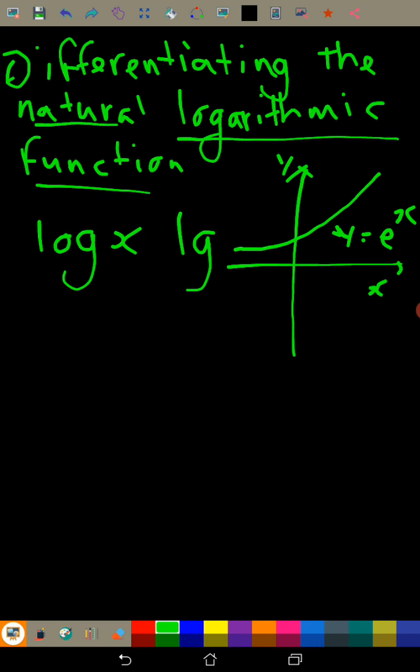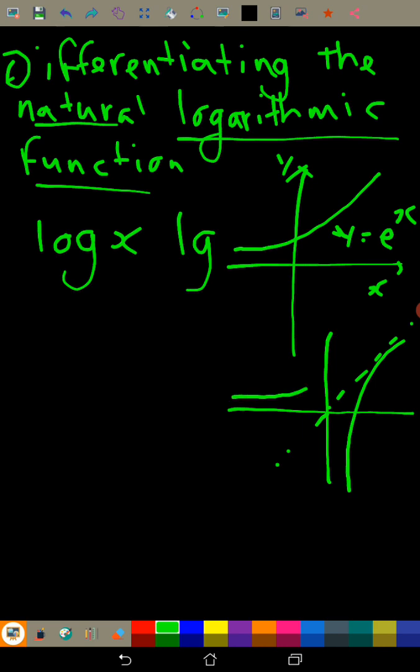However, the logarithmic curve is different. If we draw a line of symmetry across y is equal to x, we will get something like this. So it is basically the reflection of the exponential function in the y equals x line. So this is the e^x and this is the log x.